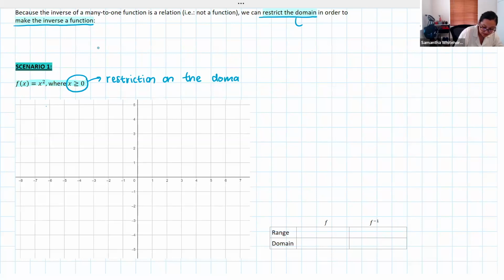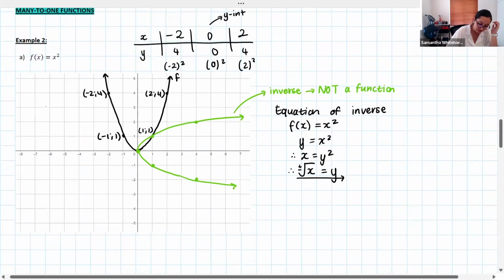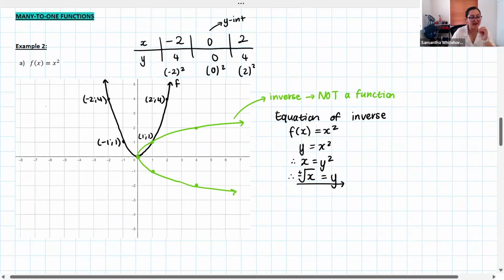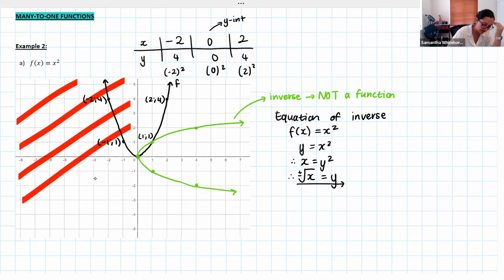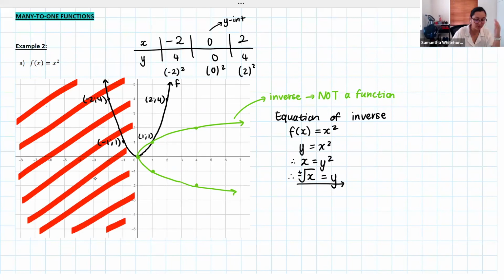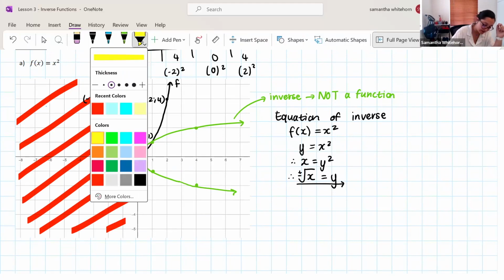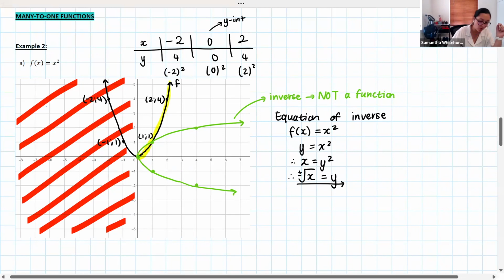What I'm saying is that when I draw this parabola, I only want to draw it for the positive x values. If we go back and have a look here, essentially what I'm saying to you is that I don't care about any of these negative x values. I don't care about anything to the left of my y-axis. The only thing I care about is this arm over here where all my x coordinates are positive.